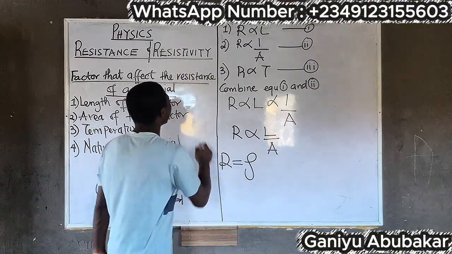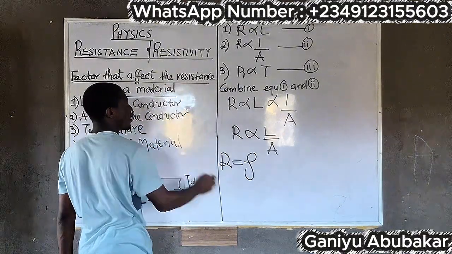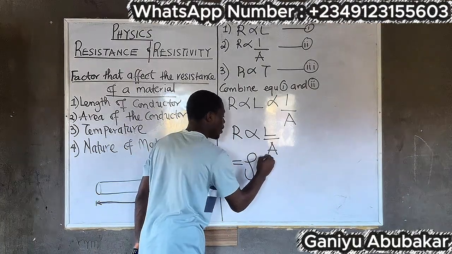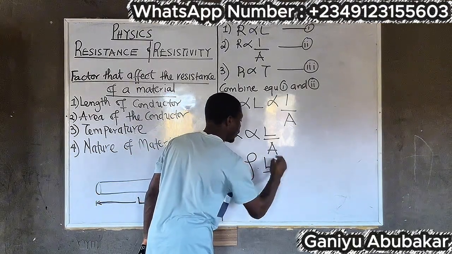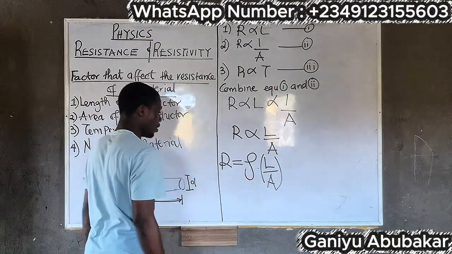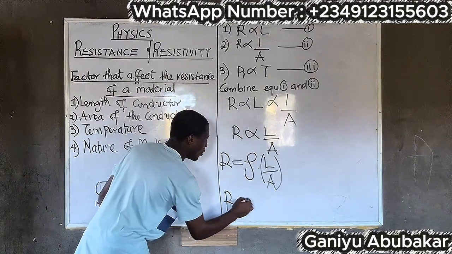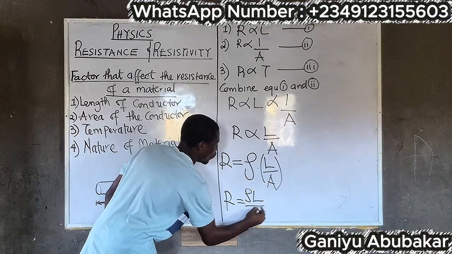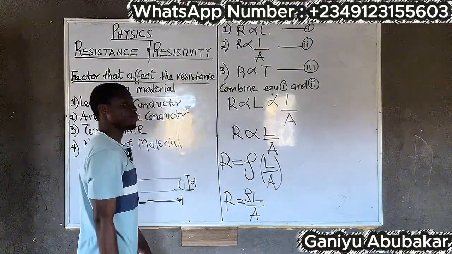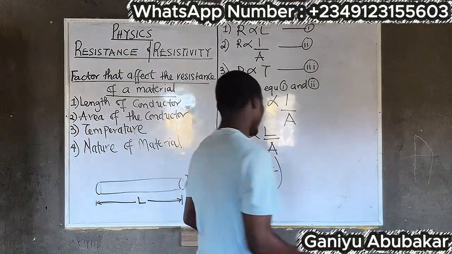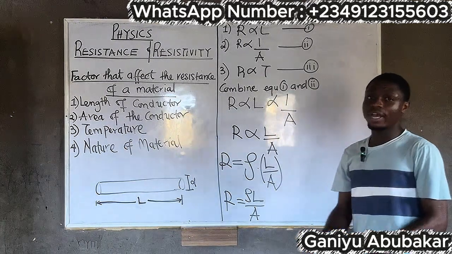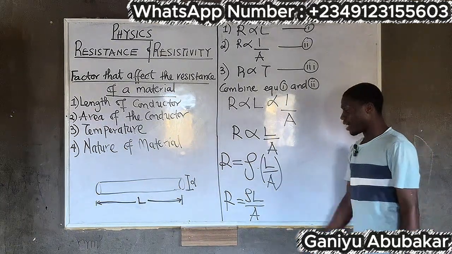It's called resistivity. That's rho times L over area. Next task here, put it together. That gives you that R is equal to what there? Rho L over A. So R equals rho L over A as I have here.